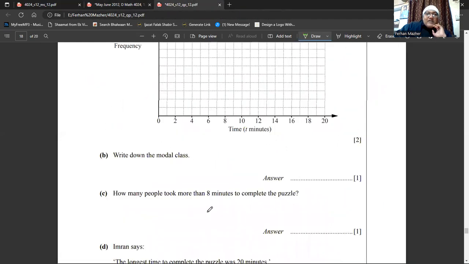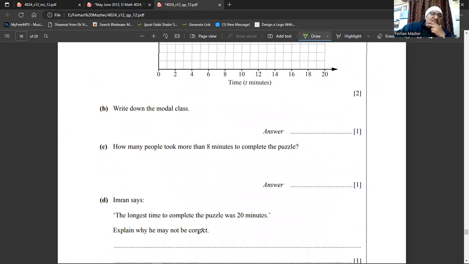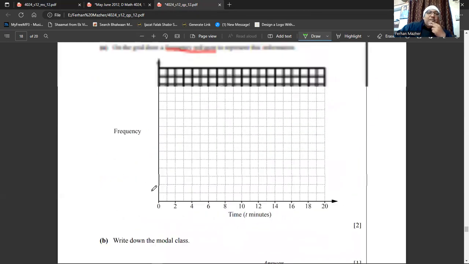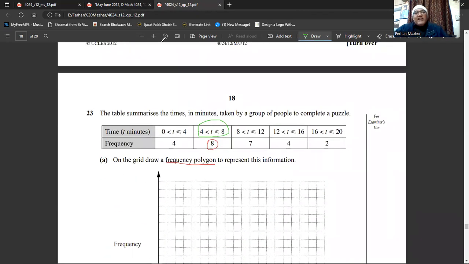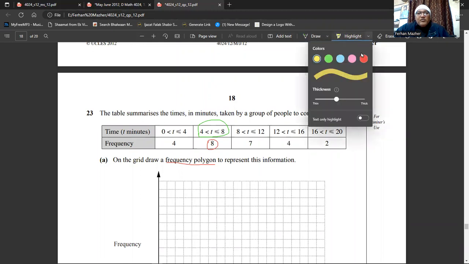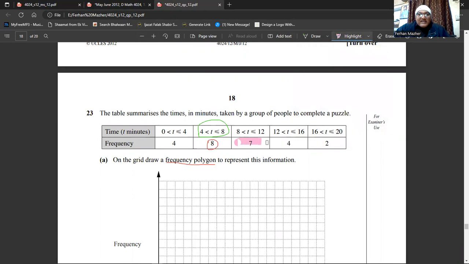Then the question is, how many people took more than 8 minutes to complete the puzzle? So more than 8 are these people. These people spent more than 8. So how many people are they?